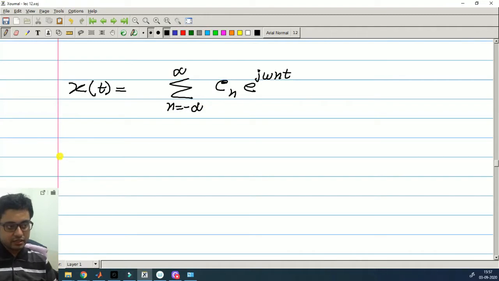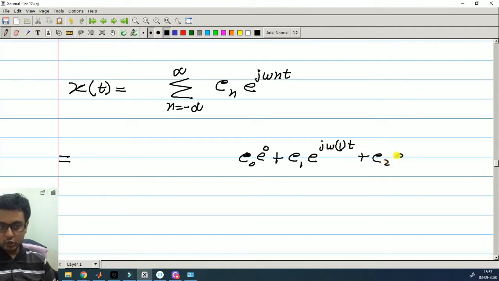That means this is equal to C0 for n equal to 0, e to the power j omega 0 t, then plus C1 e to the power j omega 1 t, plus C2 e to the power j omega 2 t, and C3 e to the power j omega 3 t, and so on.